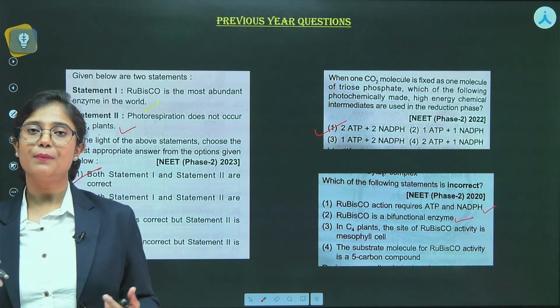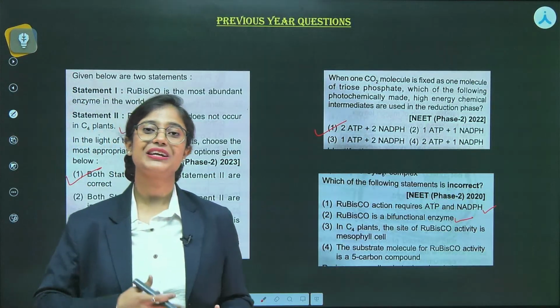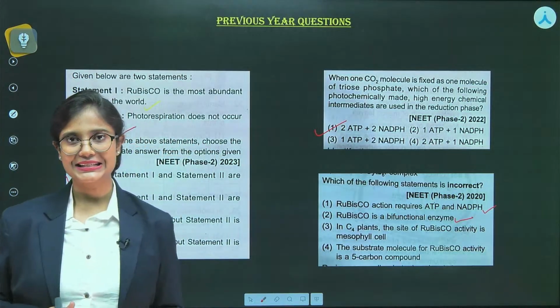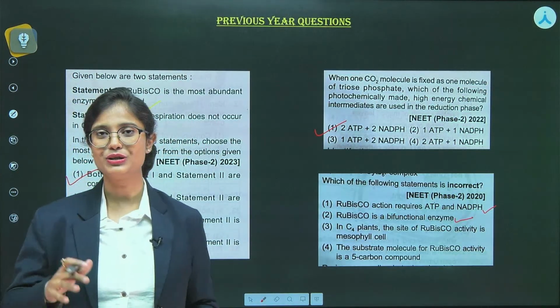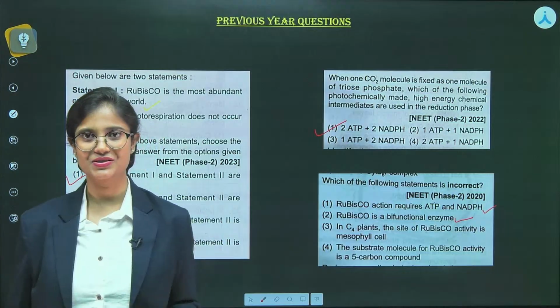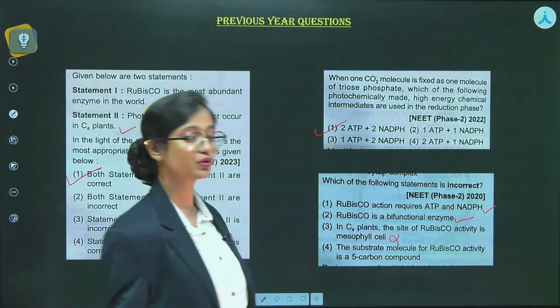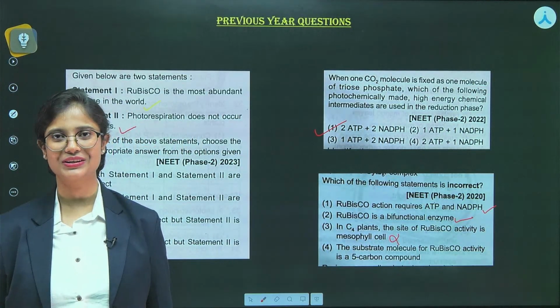But if we talk about the mesophyll cells found in the C4 plants, in them PEP carboxylase enzyme is present, but Rubisco enzyme is absent, right? So this statement is incorrect, क्योंकि mesophyll cell में Rubisco enzyme होता ही नहीं है.